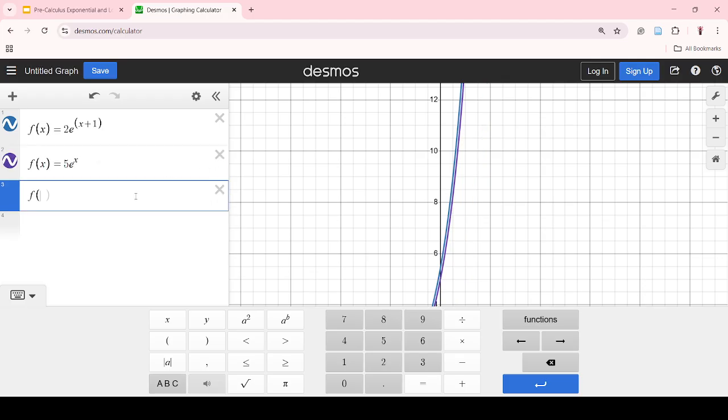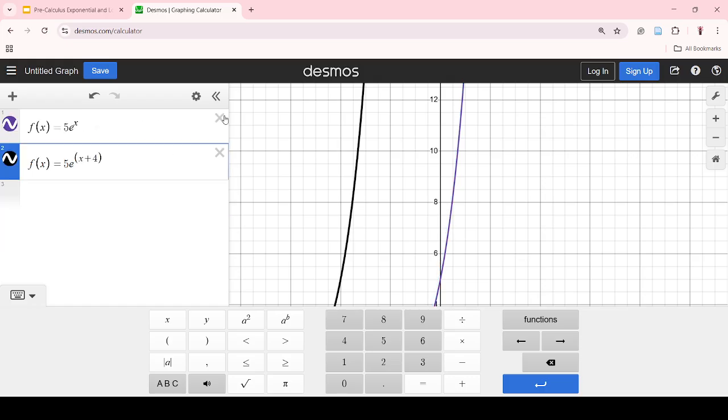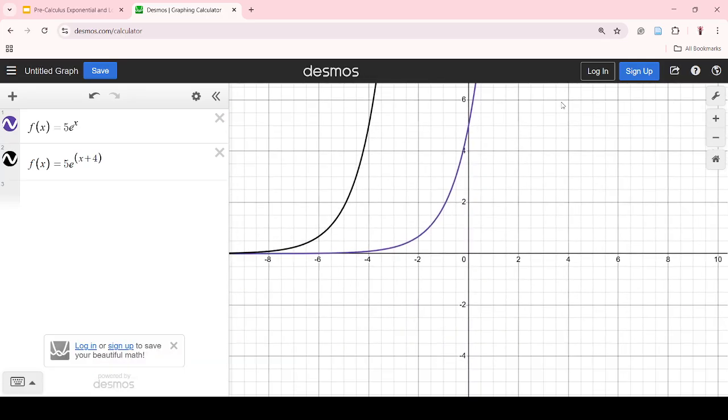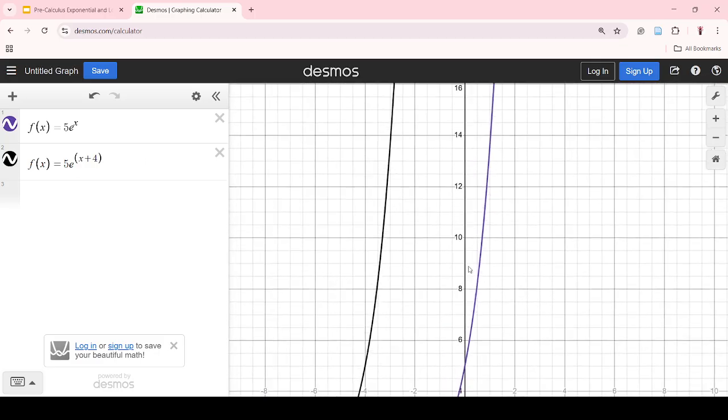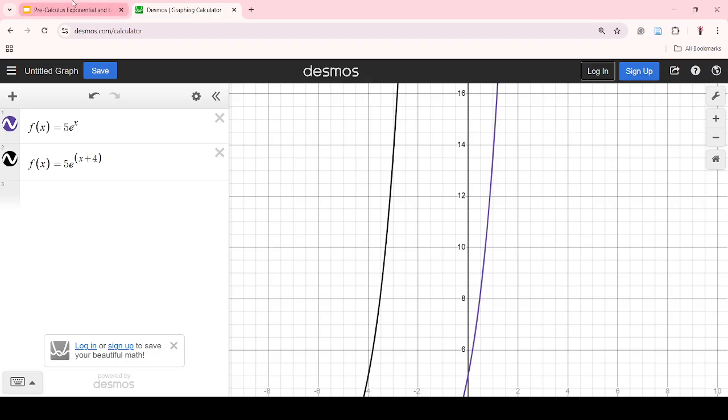And then we will have f of x is equal to 5e to the power of x plus 4. As you see, this will transition our graph over 4 units. And this is exactly like the previous equation.